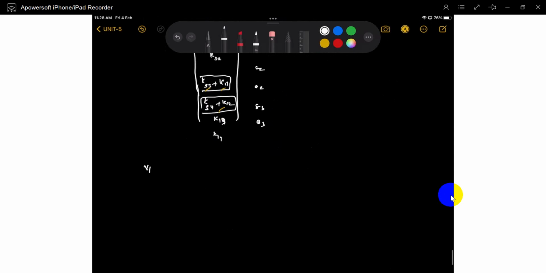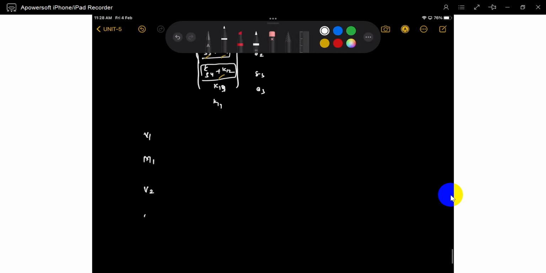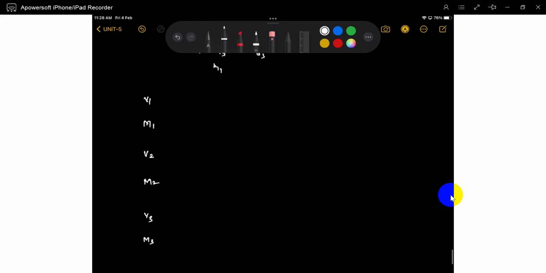V1 first element, V2, M1, V2 direct final, you can write M2, V3, M3. If you write it, previously the same.